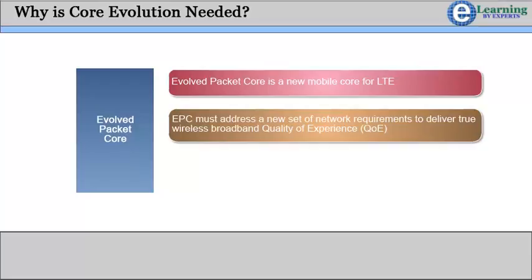EPC addresses LTE requirements to provide advanced real-time and media-rich services with enhanced quality of experience, or QoE. EPC improves network performance by the separation of control and data planes and through a flattened IP architecture, which reduces the hierarchy between mobile data elements. For example, data connections from eNode B only traverse through EPC gateways.